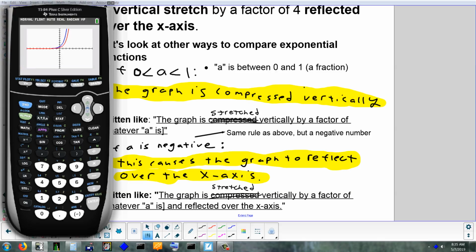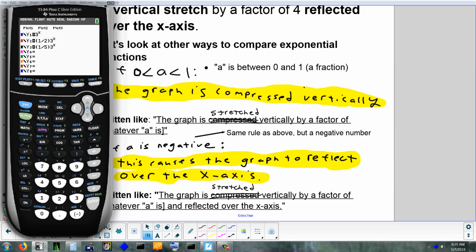It's only 1/2. Now, if I put in something like 1/5, that's going to compress it even more. That's going to squish it down 5 times as much. So watch the one in black. See how the curve in black is even less steep than the one in blue and the one in red? Now, somebody said, let's throw a negative in.